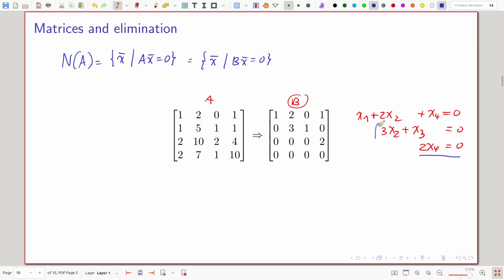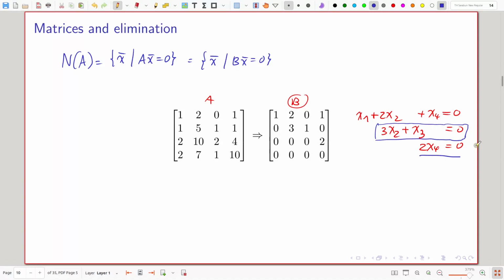Now, let's move on to this equation. To satisfy this equation, you can set x2 to be whatever you like and derive x3. Or the other way around, you can pick x3 to be anything you like, and you can find x2. So pick one. Which one do you like, x2 or x3? You get the same thing.